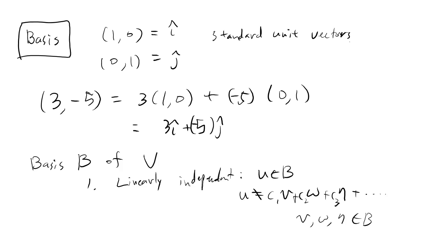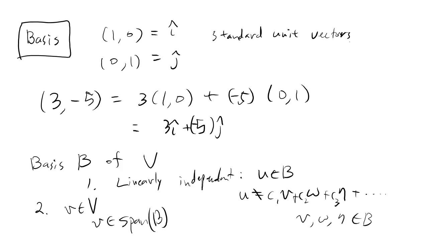Linear independence means that you cannot express one element as a linear combination of other elements. Okay, and second is that anything in V has to be in the span of B. Okay, so span is the collection of all linear combinations.